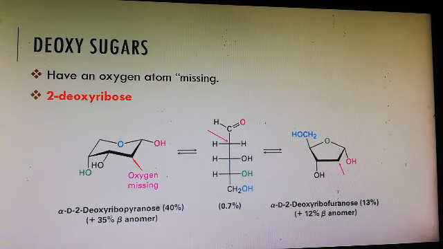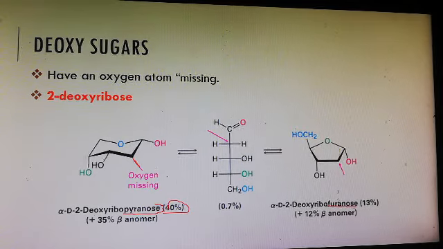Okay? So, deoxyribose can exist, 40% exists in a pyranose form and 13% exists as a furanose form.